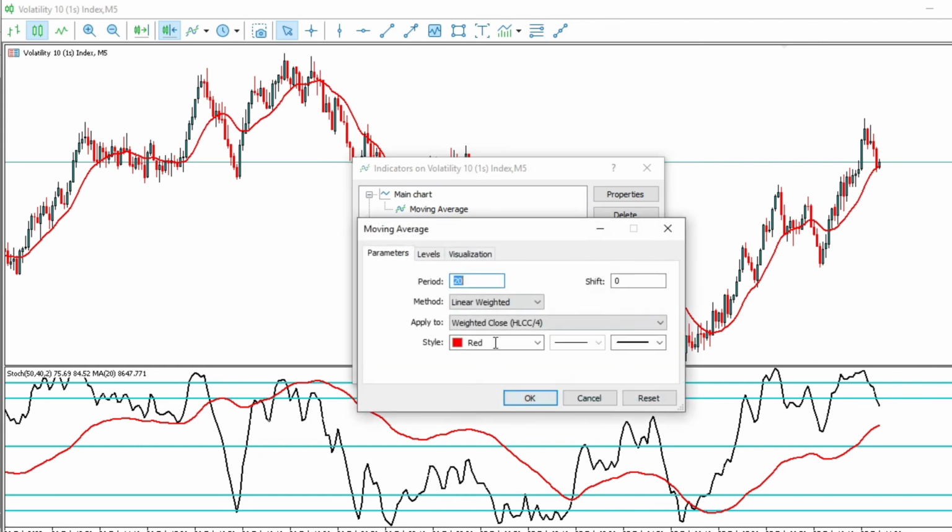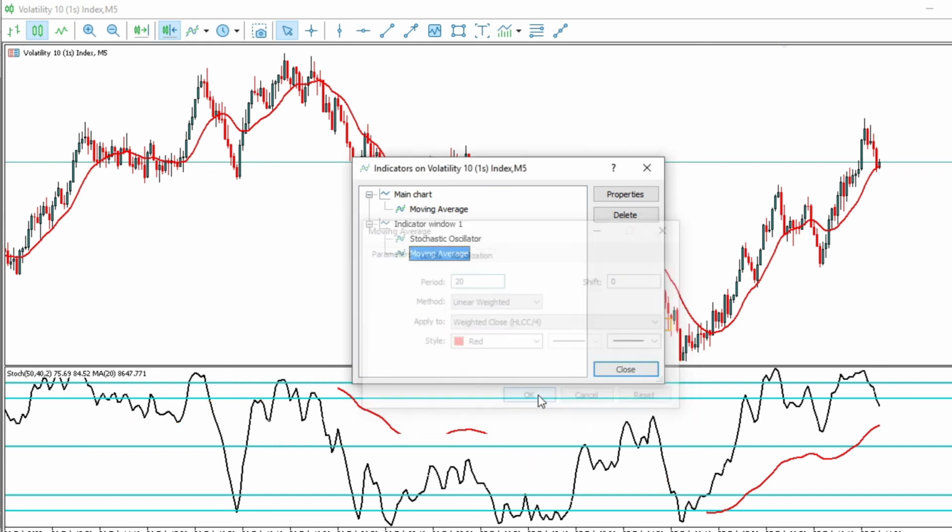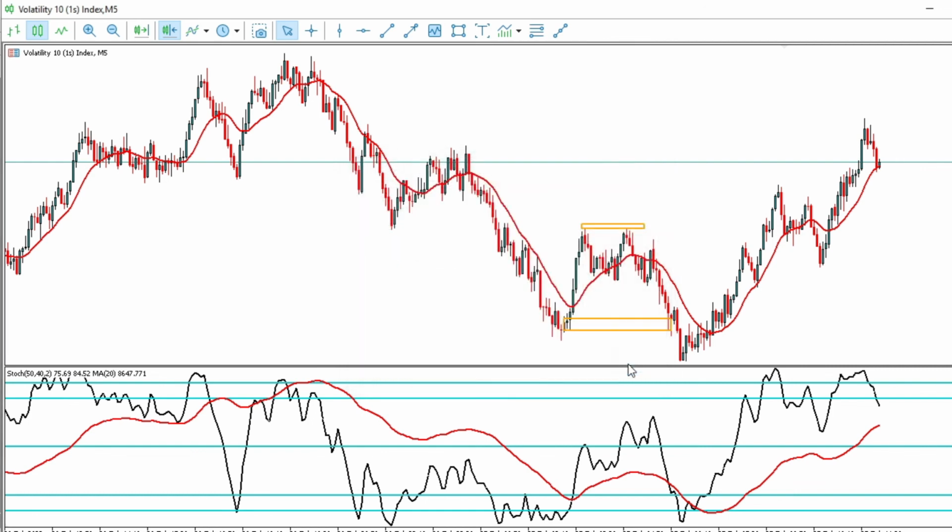Let's quickly go to the moving average. The moving average, this one, the red one, it is period 20, linear weighted, shift 0, weighted close, HLCC stroke 4. Take notes of that. Then the style is red, you make it the thickness of your choice, you get it. So those are the settings.